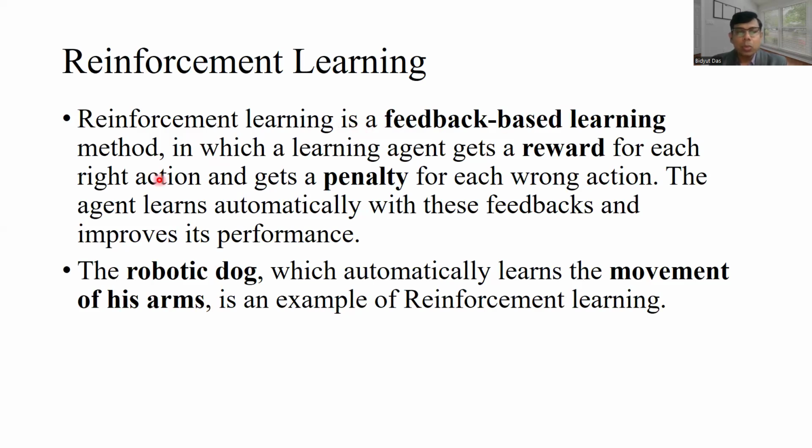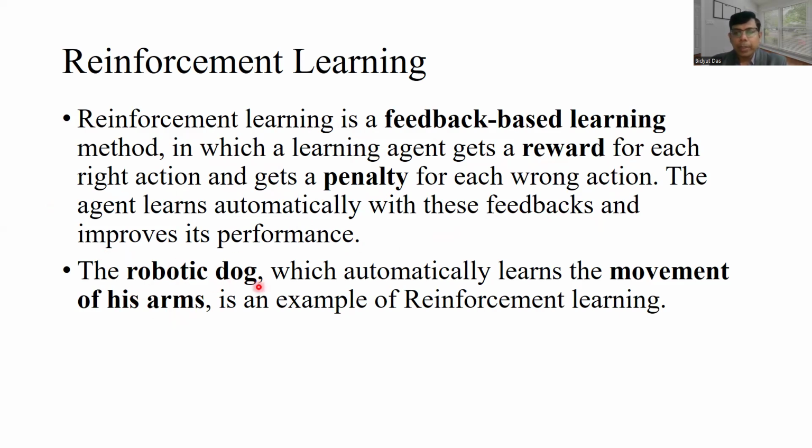Here there is no need for previous data; a learning agent gets a reward for each right action and a penalty for each wrong action. By using this, the model learns gradually by using the agent and improves its performance. The agent learns automatically with this feedback.